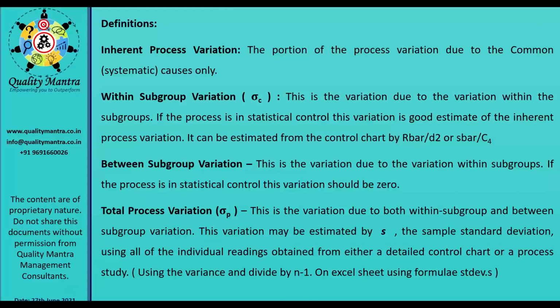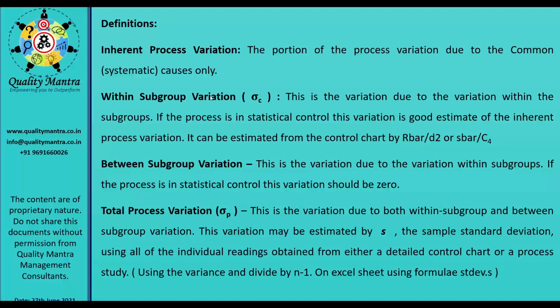It is the variation that is due to the common causes of variation only, that is, systematic causes. That is why, to reduce the inherent process variation, you have to take action on the system, whereas for assignable causes you need to take action locally, on that particular cause of variation.